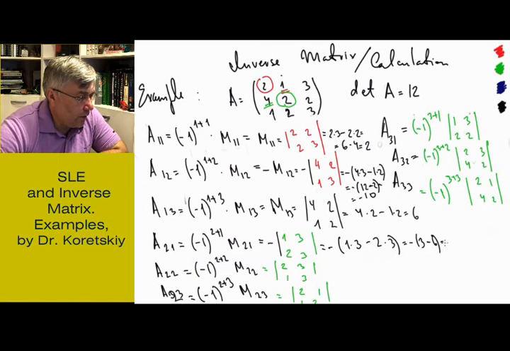Here we have 3, and here we have, I dropped here minus, and it is minus 4 minus 1 minus 3.